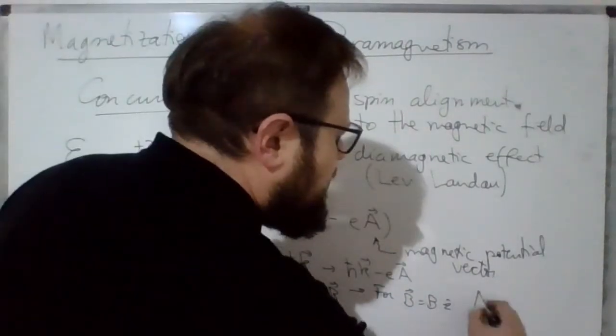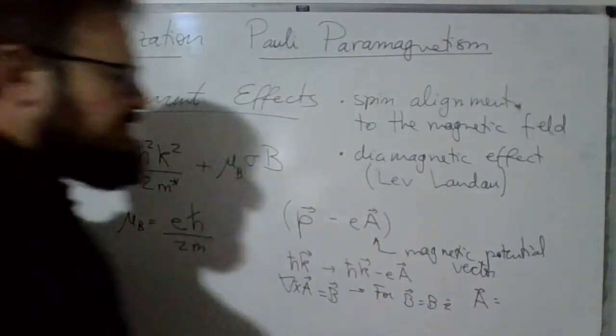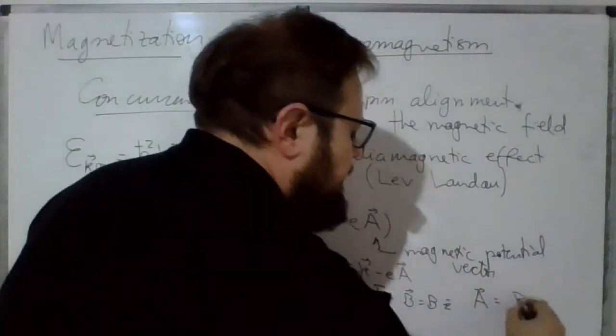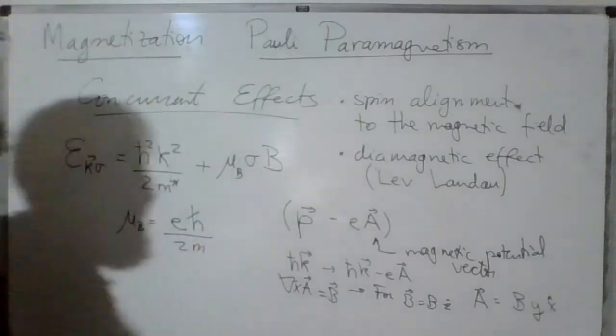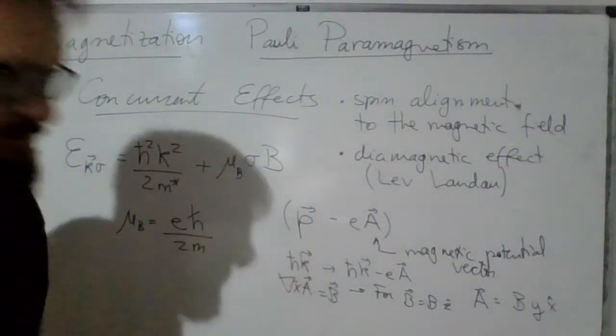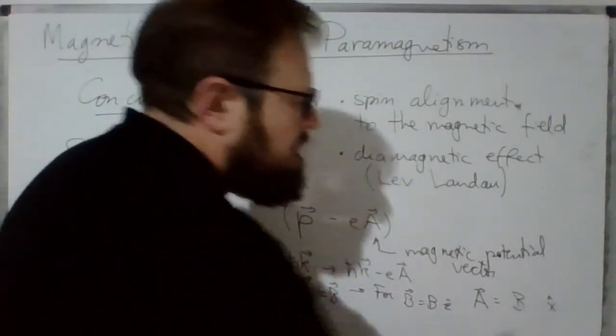This vector can be written in non-symmetrical form as some B times y in the x direction. I am not worrying about the sign here.